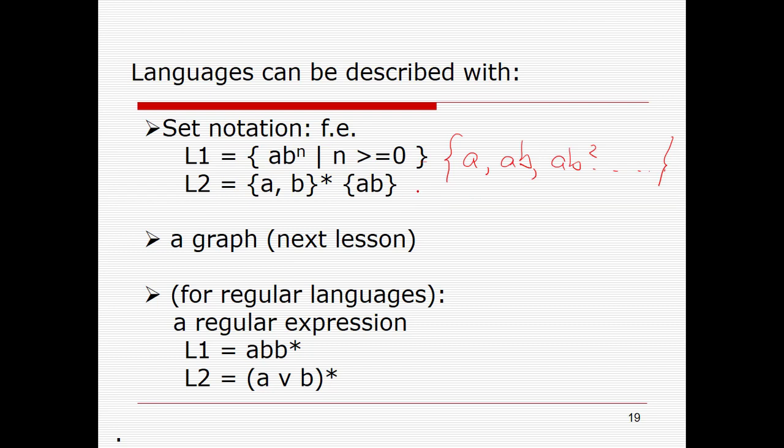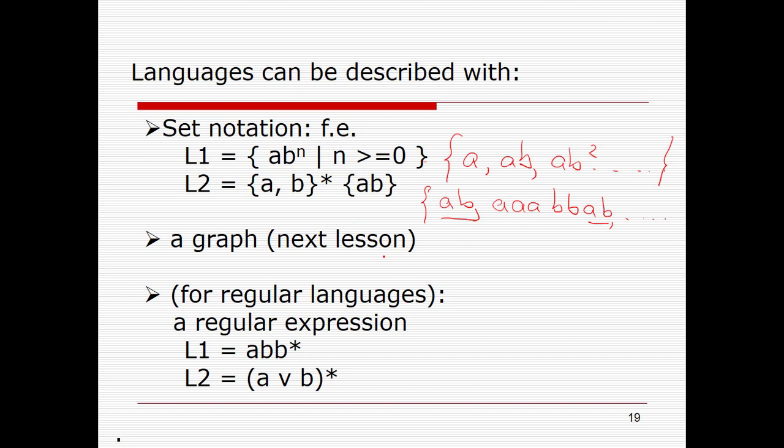So we have a set prescription. It means we can take a, b as many times as we like up front, but we have to finish with ab. So if I don't make a choice at all, I only end with ab. But I could also do 3 a's, 2 b's, and end with ab. So the only important thing is that it has an ab at the end of the word.